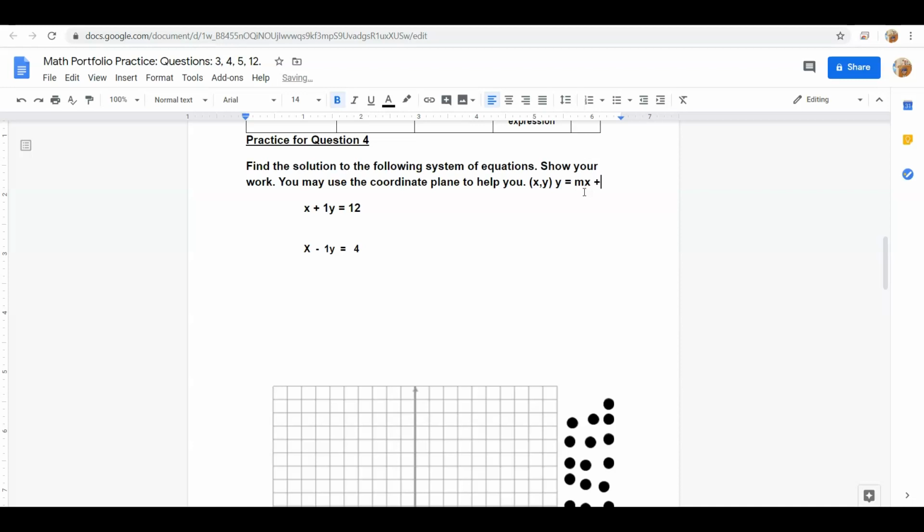That's what mathematicians like to use. So a number, m, times x, which is the variable, and I'll put it in parentheses for you to make it easier. So m times x plus b, and b is the y-intercept, and m is the slope, right? So you need to take this equation and make it look like this, y equals mx plus b.